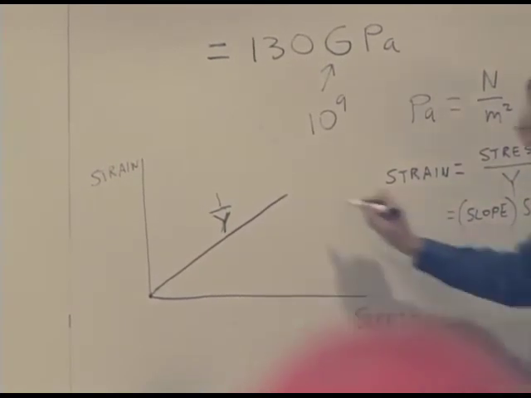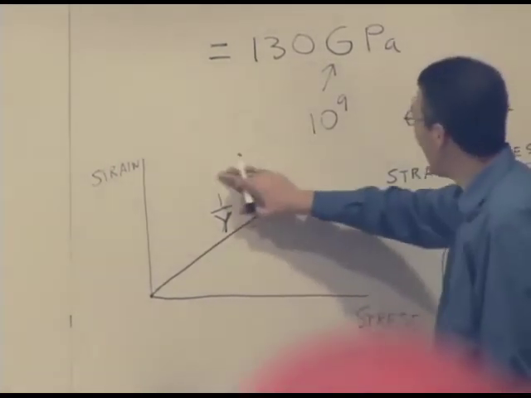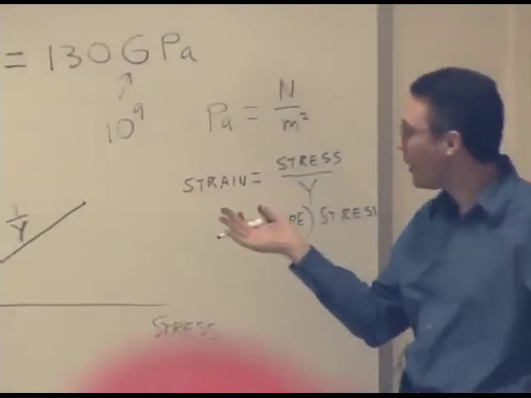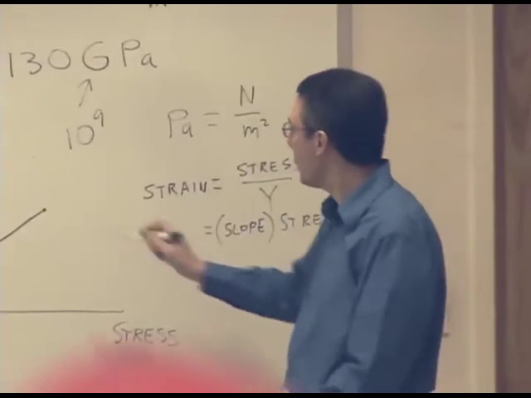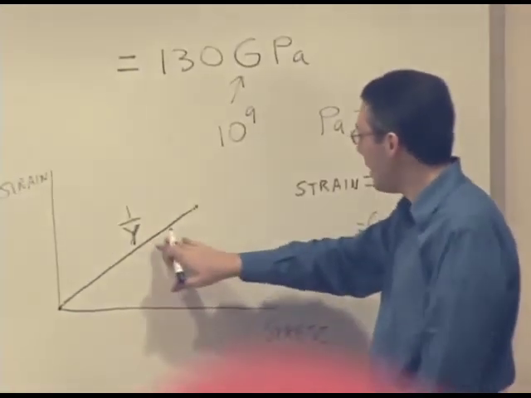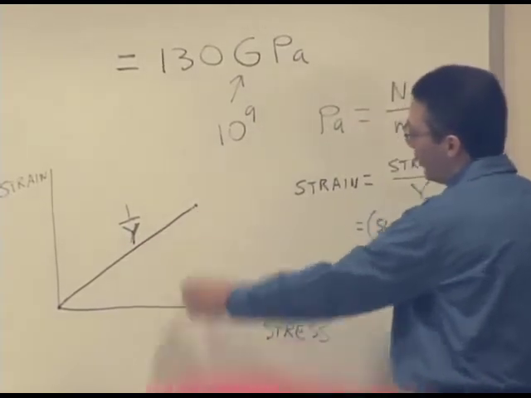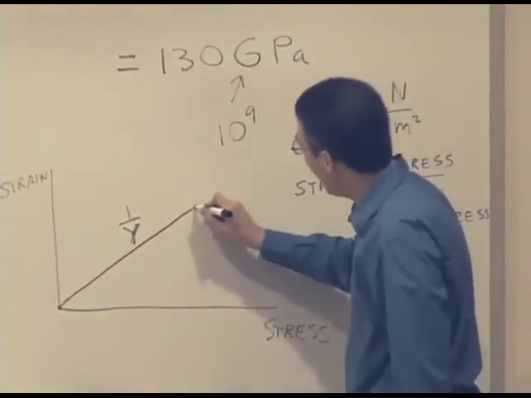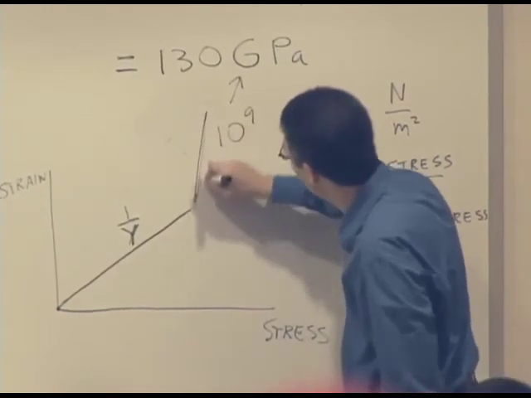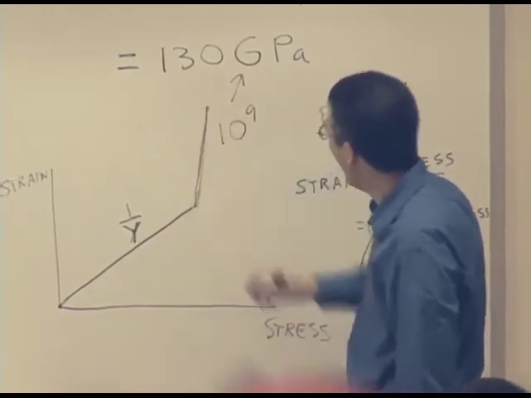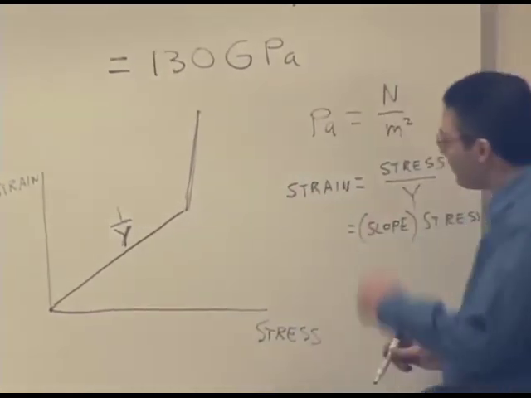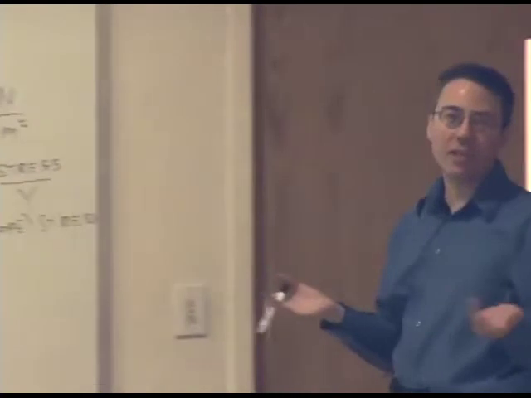And the problem is that you can't keep piling the weights on forever, because what eventually is going to happen? It'll break, okay? And in fact, before it breaks, something funny happens. You keep piling weights on, and it keeps stretching a little bit more, and a little bit more. And then you pile some more weight on. All of a sudden, the strain goes off the charts. It just goes way up like that. And what happens is the model basically breaks down.